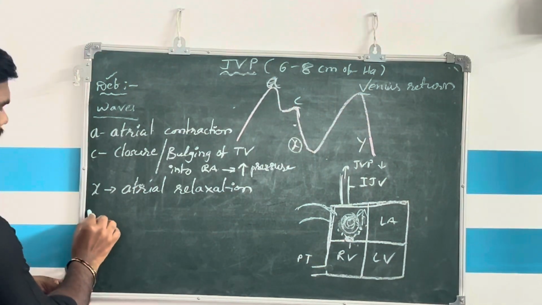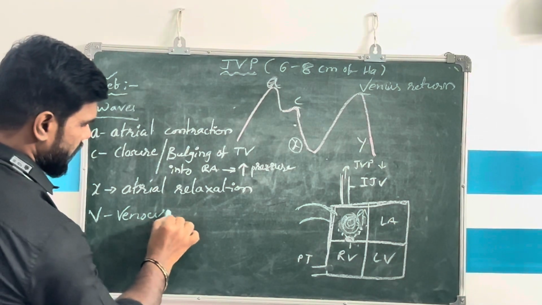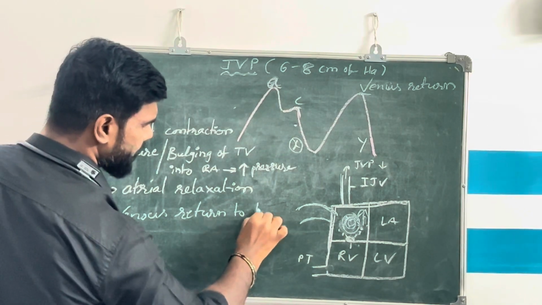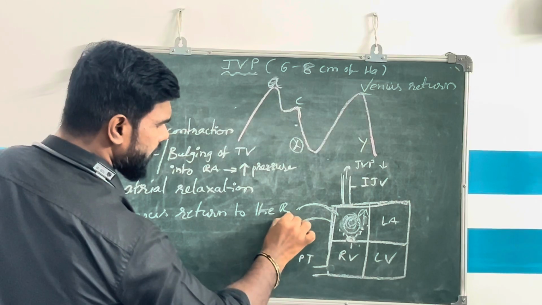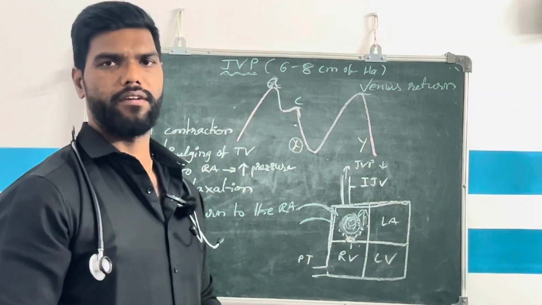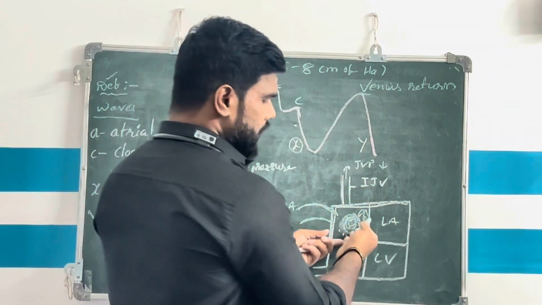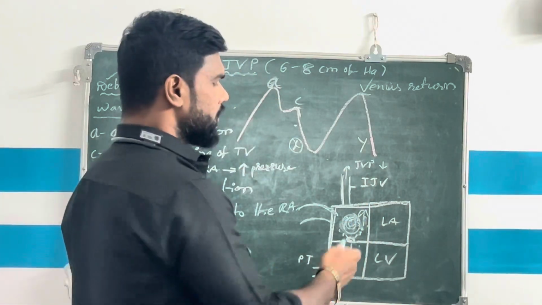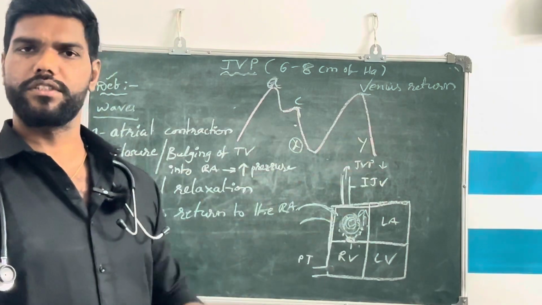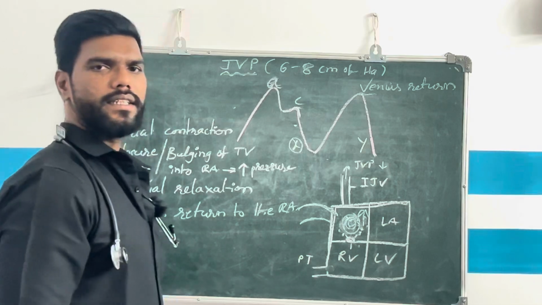V means venous return to the right atria, from the superior vena cava and inferior vena cava. The volume is increased in the right atria, which leads to increased pressure in the right atria, and also increased pressure in the internal jugular vein, that is, JVP is also raised, which is indicated by venous return, V wave.